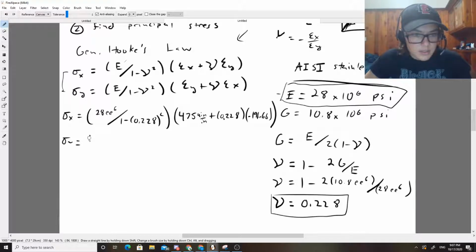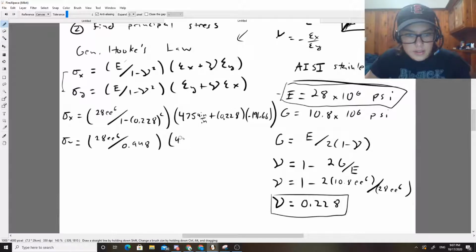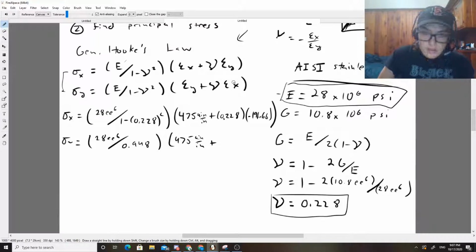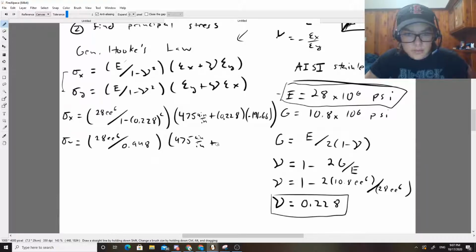So you get something like 28 E6 divided by 0.948. And that's 475 microinches per inch plus 0.228 times negative 191.66, which is equal to negative 43.6. We'll say 43.7. We'll round that up.